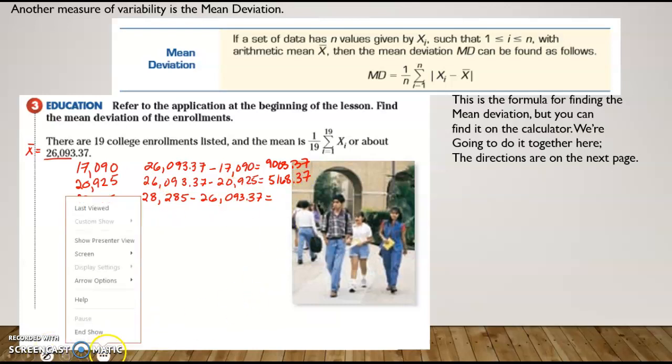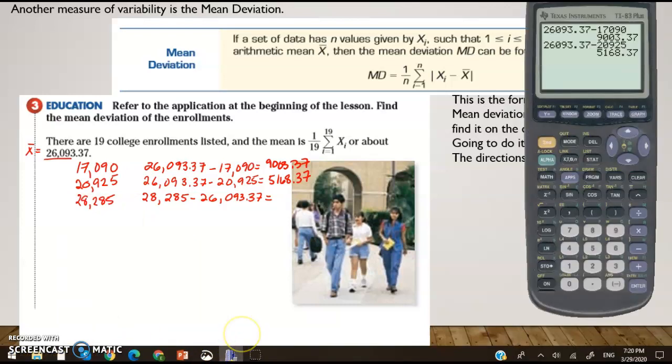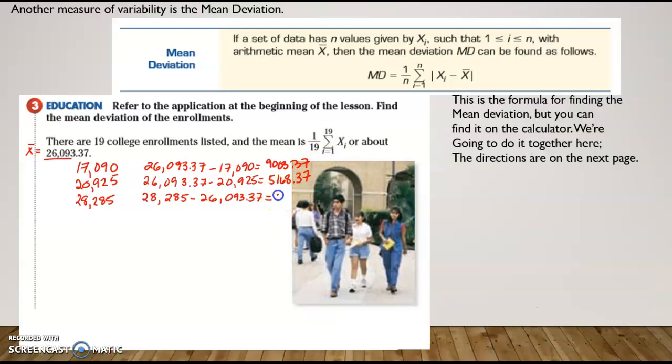And then the last one I had was 28,285 minus 26,093.37, 2,191.63.